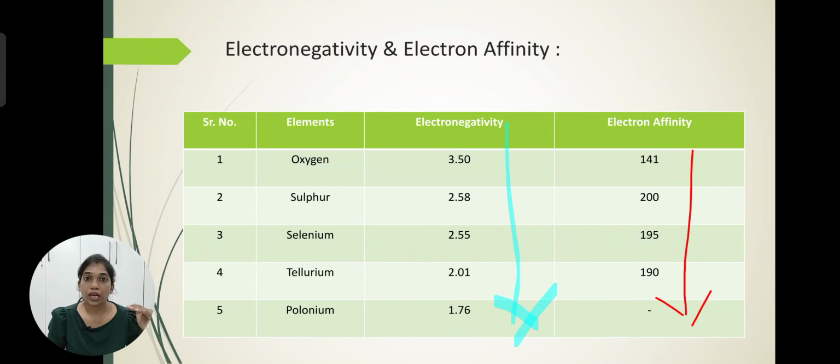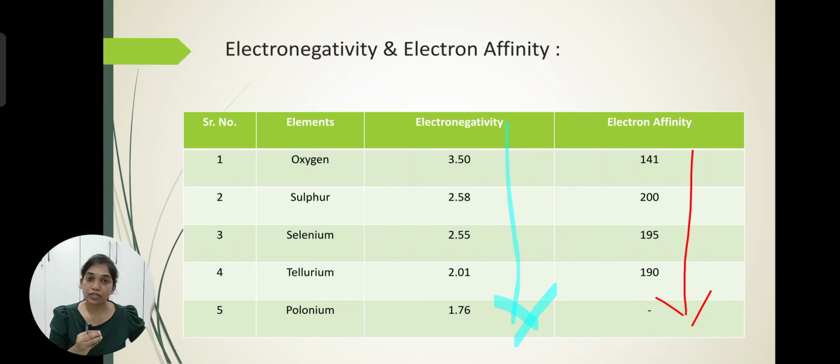Now in the oxygen family, up to down, electronegativity decreases. Remember one thing, atomic size is increasing down the group. That's why the attraction from the nucleus to the outermost orbital is less, so it is easy to remove an electron.